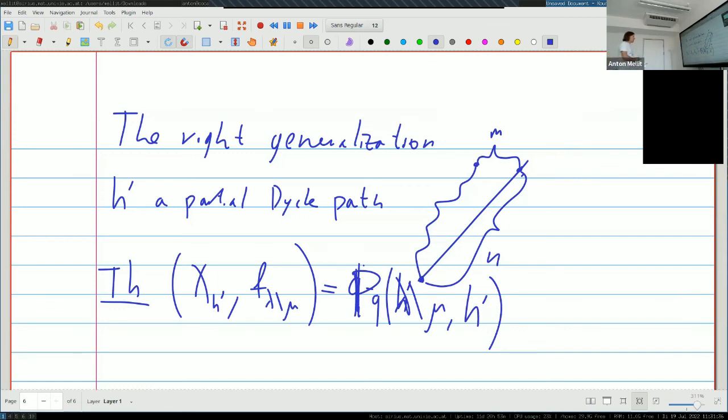So once we prove this theorem, it is 2 minutes.